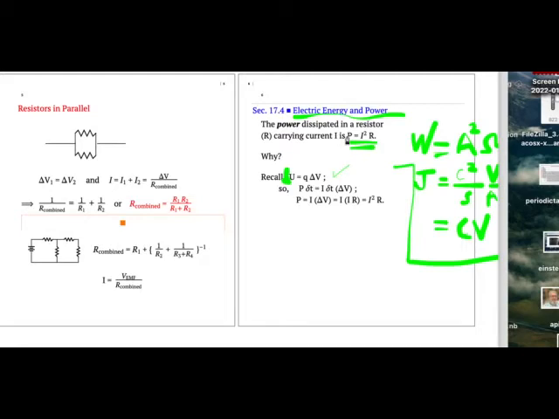So let's see if this equation makes sense. I'll take this equation and multiply by time. Change in energy is power times time. Power is watts.